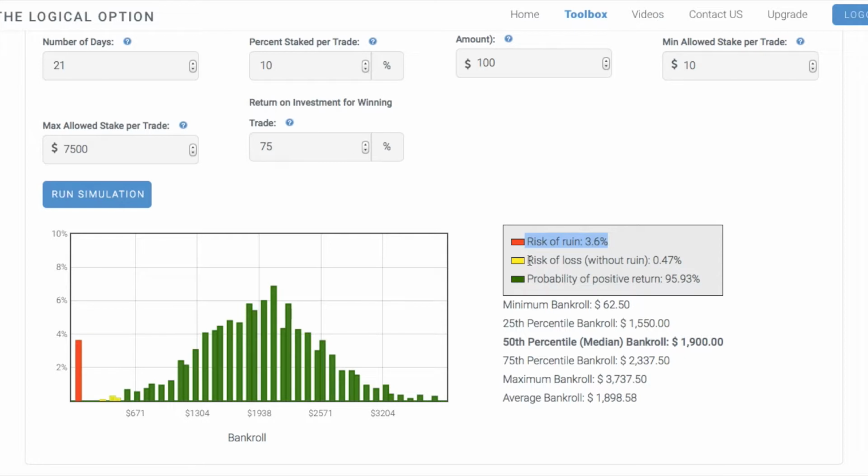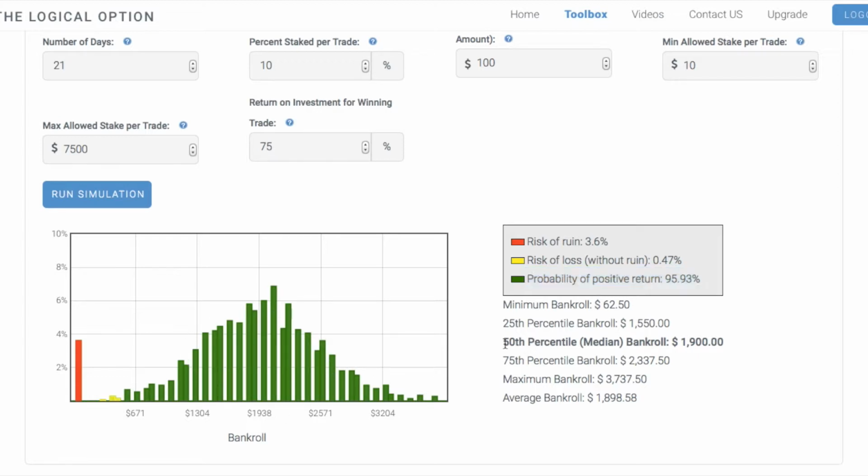Now the risk of loss in this yellow is about 0.5%. And then the probability of a positive return in this case was about 96%. So it's pretty good results. We can look at this distribution to see what our expected return would be in this configuration. So kind of ranging in this area is a good estimate of what we'll have.